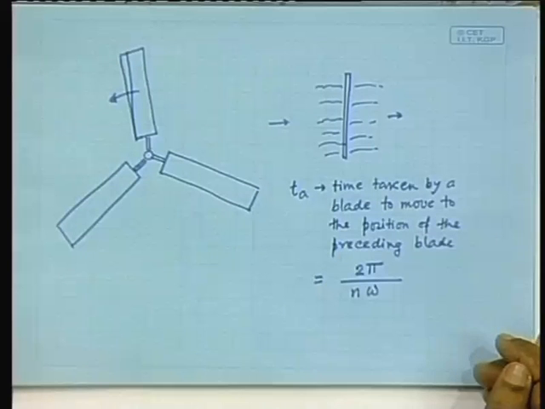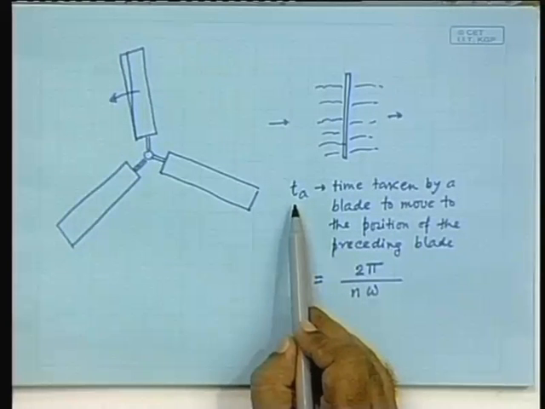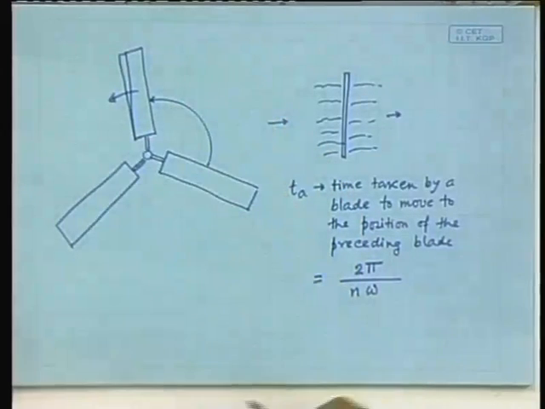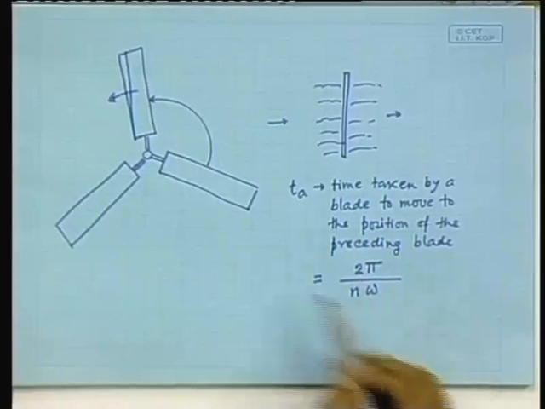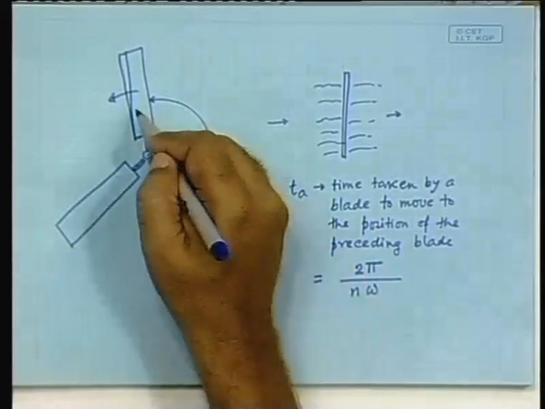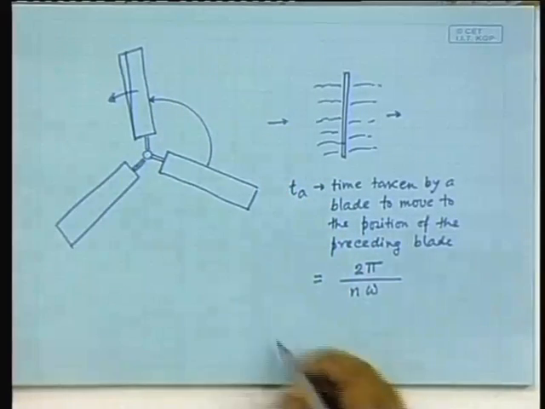So, T A is the time taken for this blade to move into this position. 2 pi by omega is the time taken for a whole rotation, 2 pi by n omega is the time taken to move to this position, n is the number of blades.